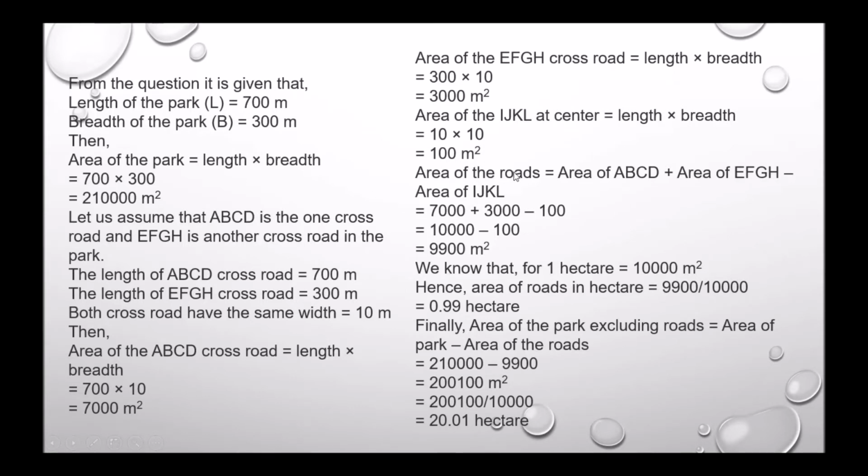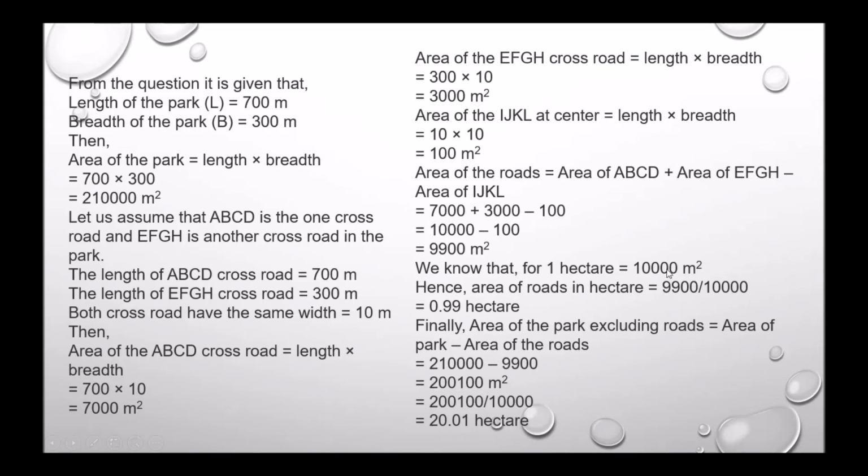So area of roads equals area of ABCD plus area of EFGH minus area of IJKL. 7,000 plus 3,000 minus 100, that is 10,000 minus 100, that is 9,900 meters square.